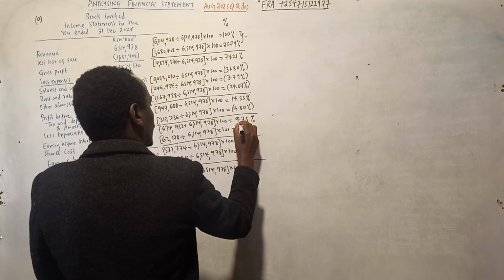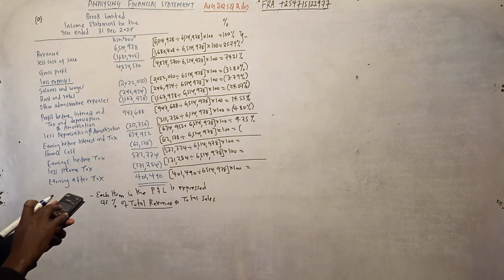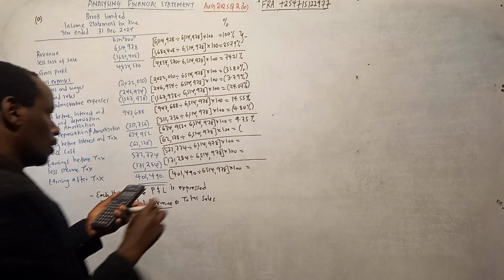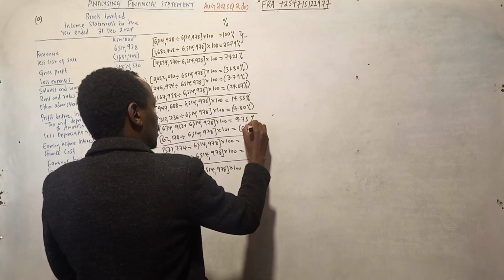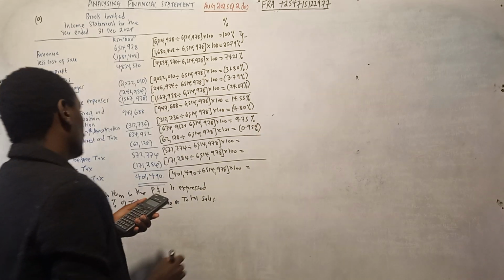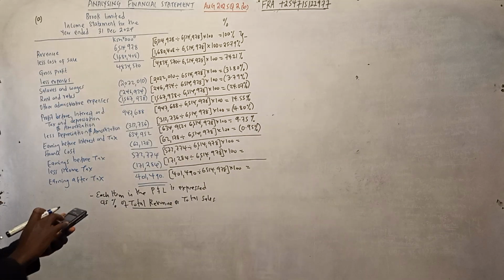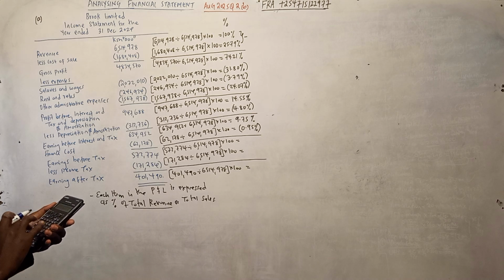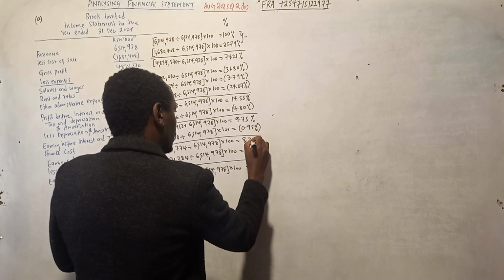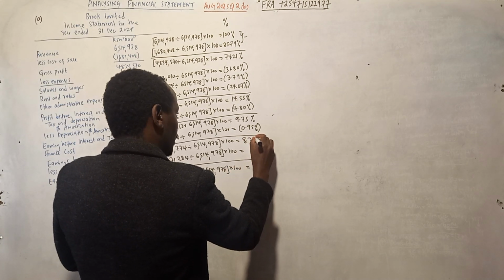Then we less finance cost of 62,178. This is around 0.95%, so that you can get the earnings of 572,774, which is 8.79%.